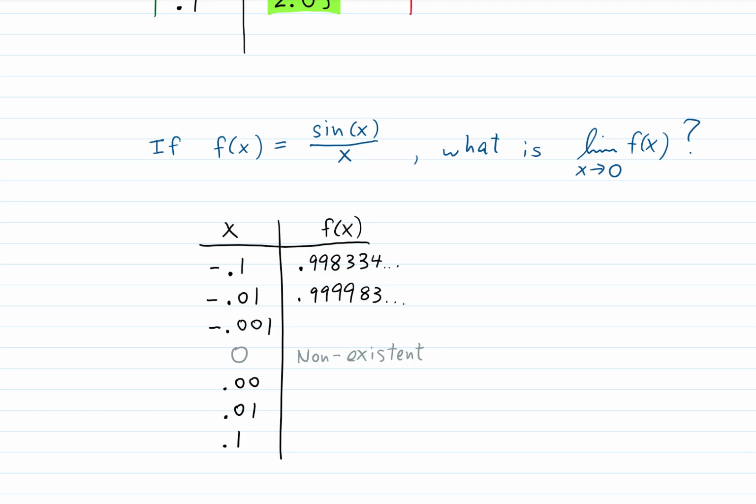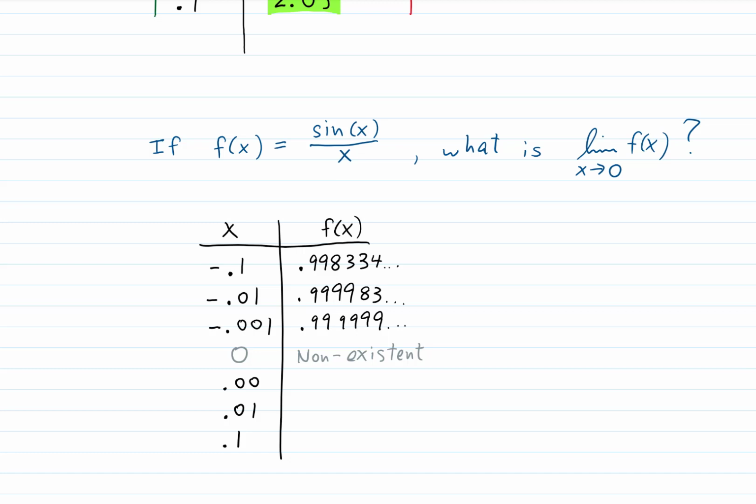Plug in negative 0.001 and I get 0.999999, and it keeps going after that. It's actually an 8 next. It's not 9 forever.